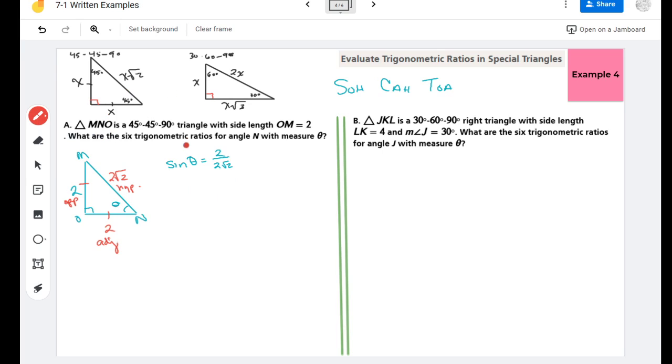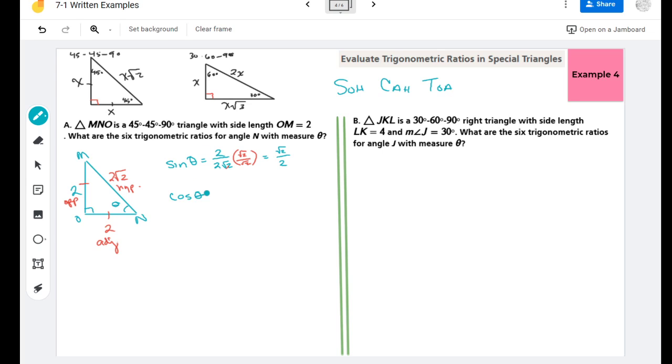So I need to multiply by the number 1, root 2 over root 2, which would cause that radical to cancel out. Down here in the bottom, root 2 times root 2 is 2, and that'll cancel out with the 2 in the top. And so my sine is root 2 over 2.